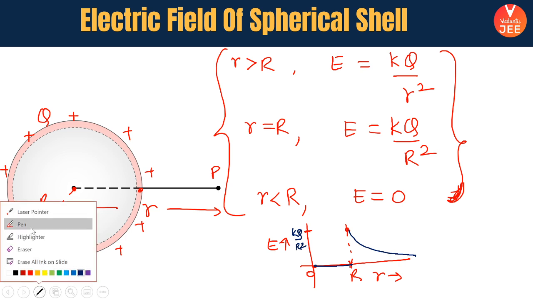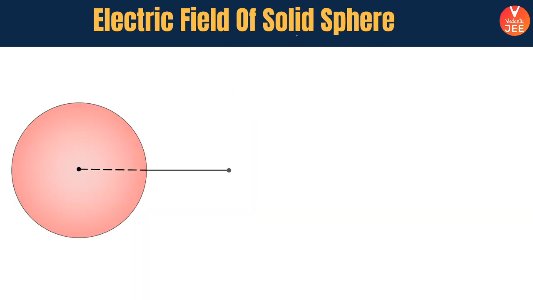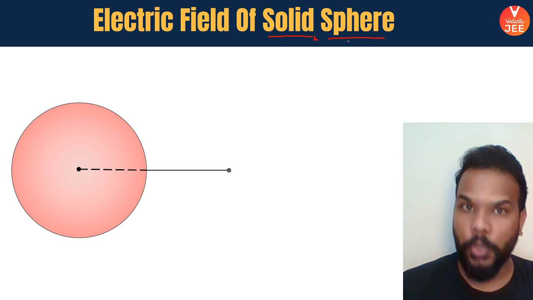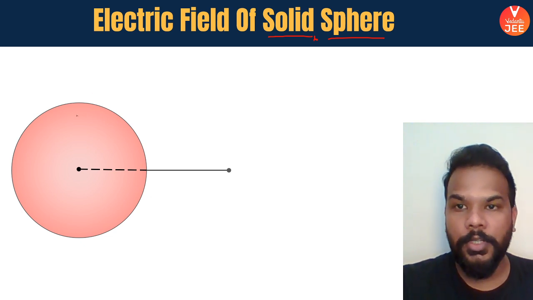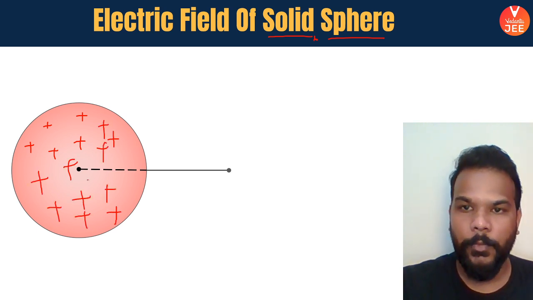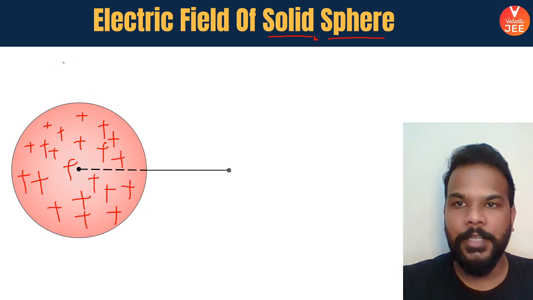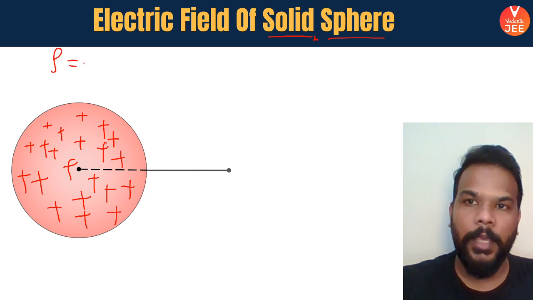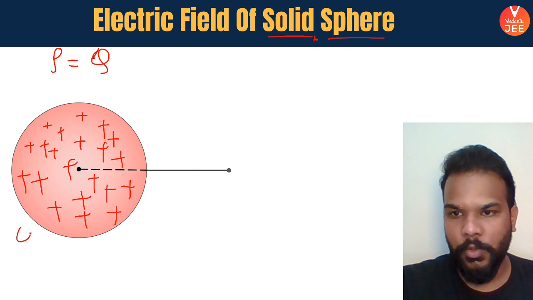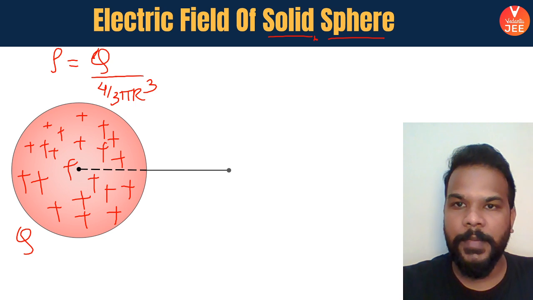Now we'll move on to the next topic, which is not exactly a derivation, rather the results. We'll now speak about the electric field due to a solid sphere. That means the charge is present at all the points inside the spherical body also. Here we assume that the charge density is uniform, that means the total charge Q divided by 4/3 pi R cube is basically a constant.